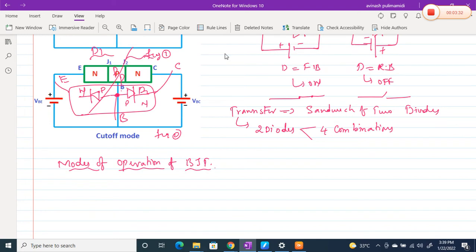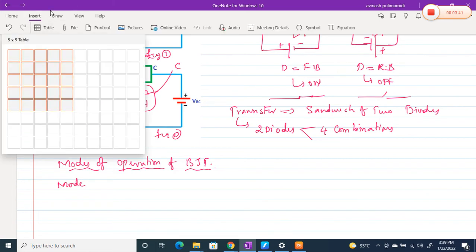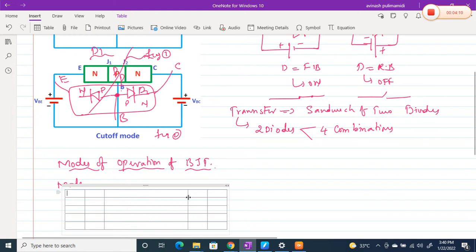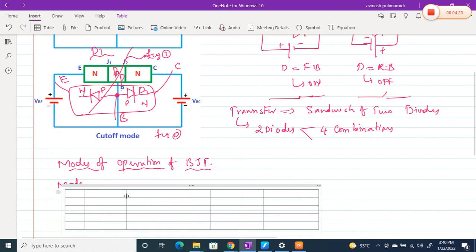So first of all, let us consider the modes one by one.